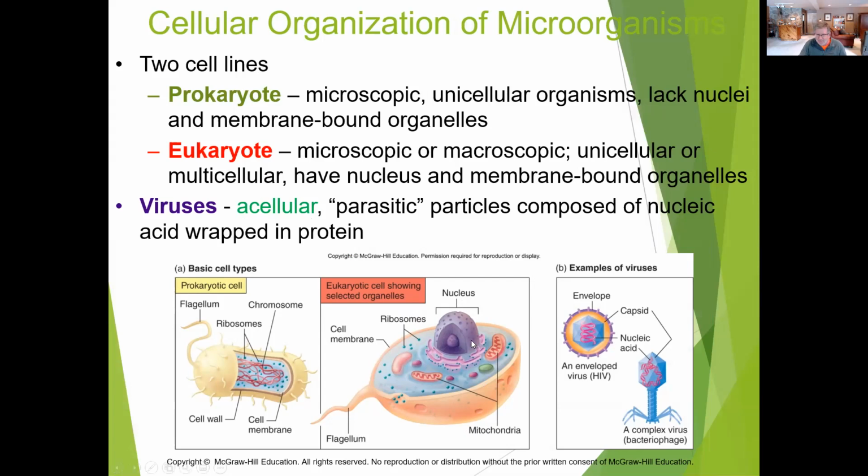They're very, very different from eukaryotic cells or prokaryotic cells. They are non-living. They require a host cell to inject their nucleic acid into. That could be DNA or RNA.